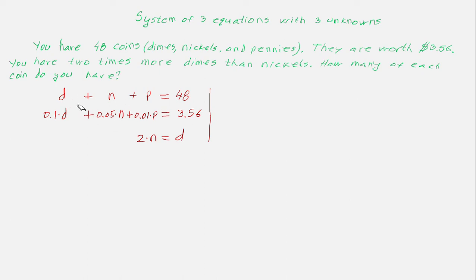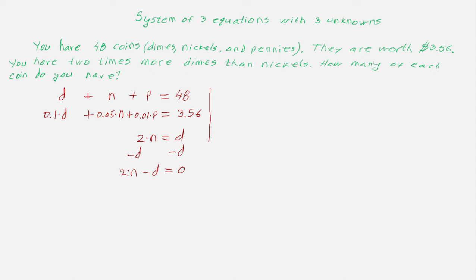So the first two equations, as I said, they're already lined up. We just need to rearrange the last one, and all we need to do is take d to the other side. If we do, we end up with 2n minus d equals 0.